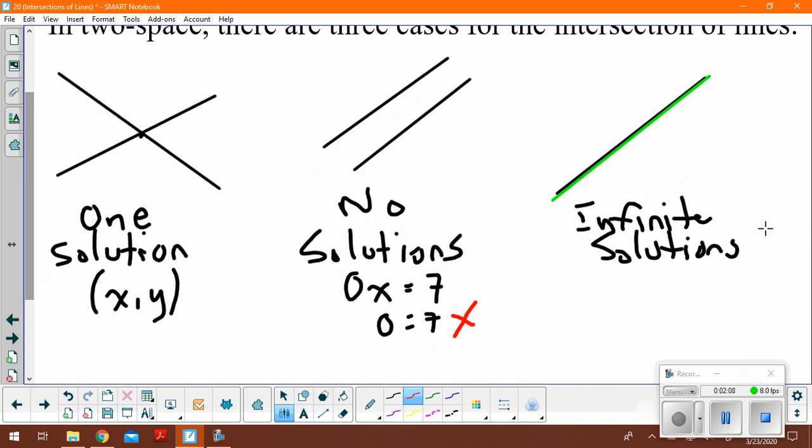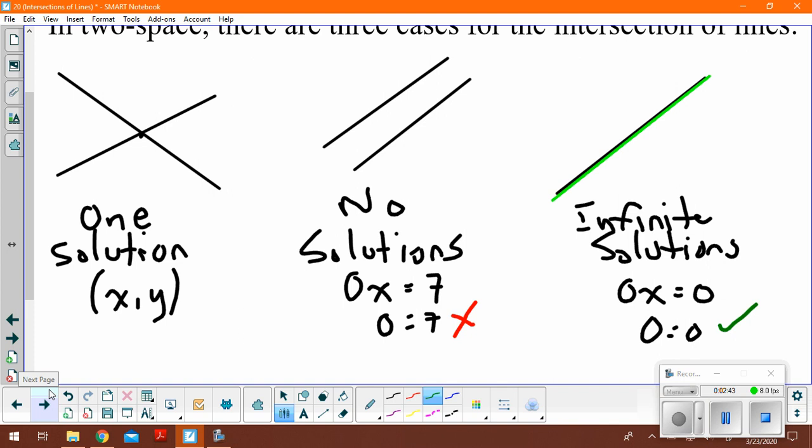If it has infinite solutions, if you're trying to solve your equations by substitution or elimination, you would eventually get to something that looks like 0x equals 0, or 0 equals 0, and this is always true. And that's why it has infinite solutions. So either you end up coming down to a point, you get something that makes no sense, which means you have no solution, or you get something that's always true, which means everything is a solution.